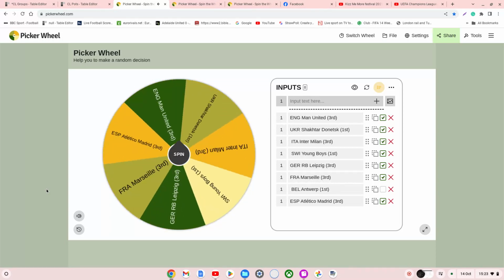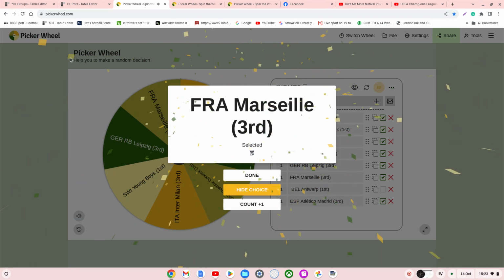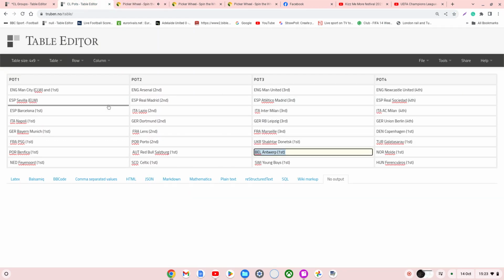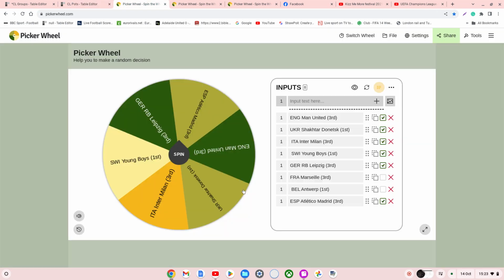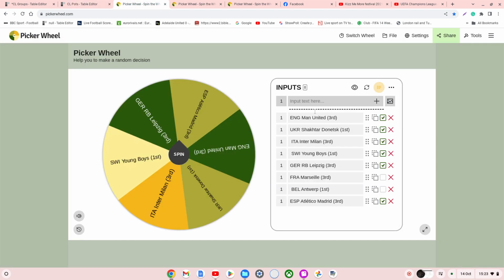See who it's going to be, and it's Marseille from France. Where are they? Marseille from France. And let's see. Paris Saint-Germain is on the right, Lens are on the left, and we have to remove Groups G and C because of the French teams.